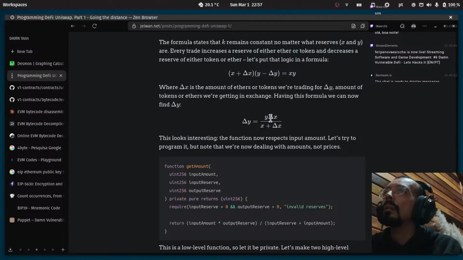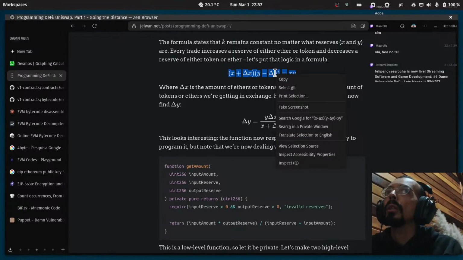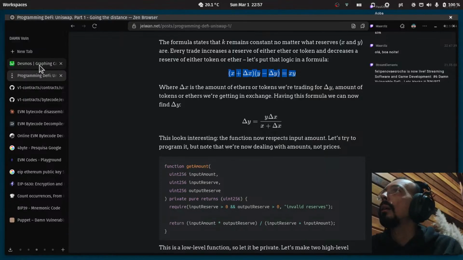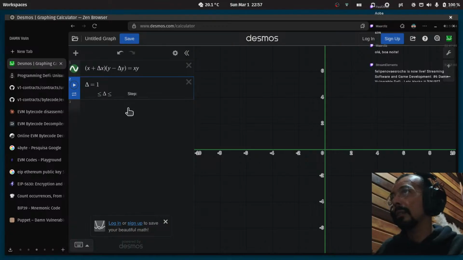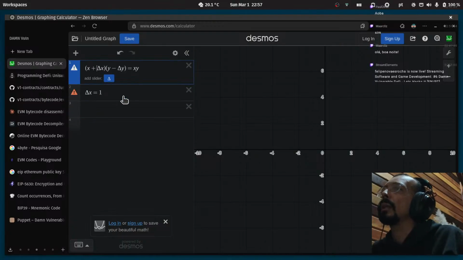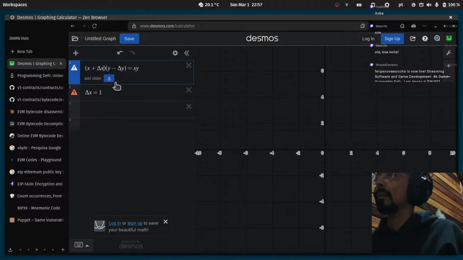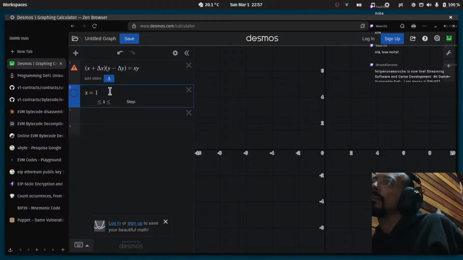No, it's not a slider for this. It's a slider for X. Okay, we can use another letter because I don't think it understands.